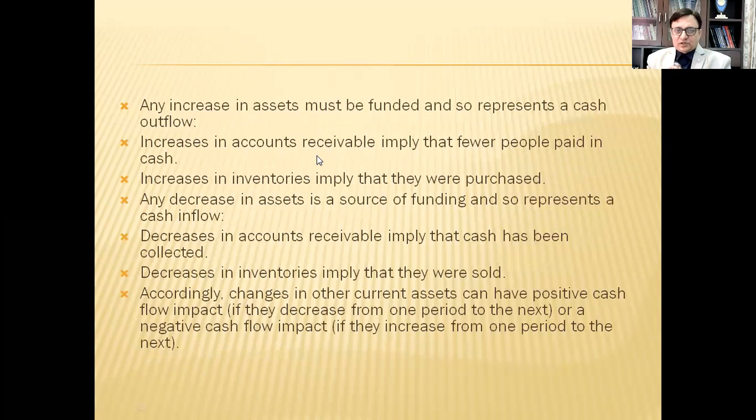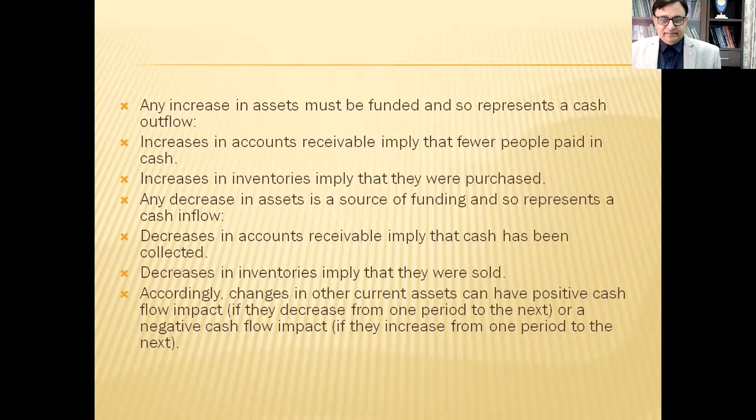So, in sum total, we can say that an increase in assets must be funded and so represents a cash outflow. An increase in accounts receivable implies that fewer people paid in cash. An increase in inventory implies that stock was purchased. A decrease in assets is a source of funding and so represents a cash inflow. A decrease in accounts receivable implies that cash has been collected.